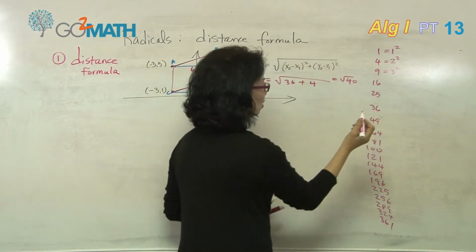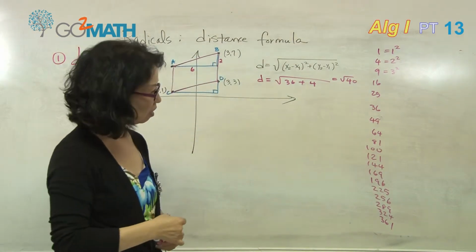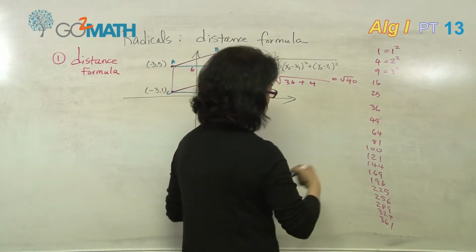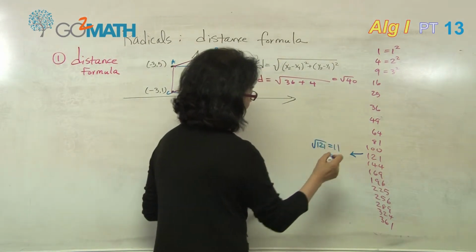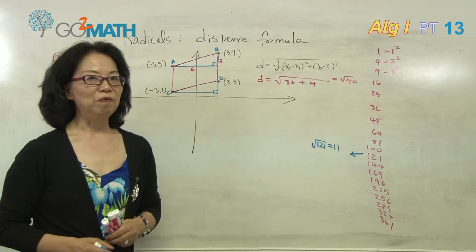For example, if I have square root of 121, then I will say that's 11. So in that case, that's not a radical.